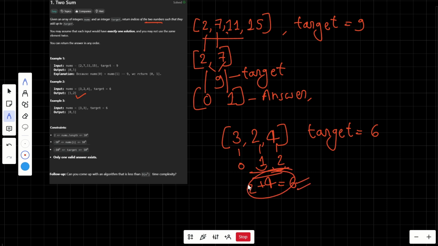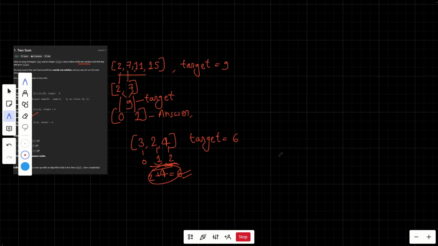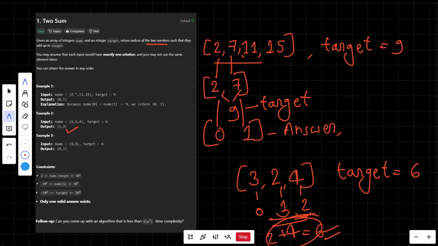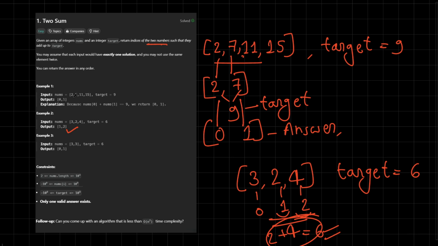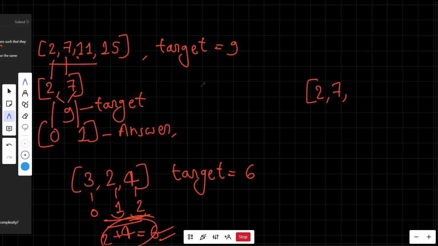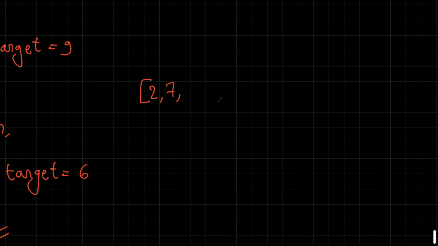So what can be the approach for this particular problem? I think we can firstly traverse this array. Let's suppose we are given an array like this. Let's take the first example: 2, 7, 11, 15.